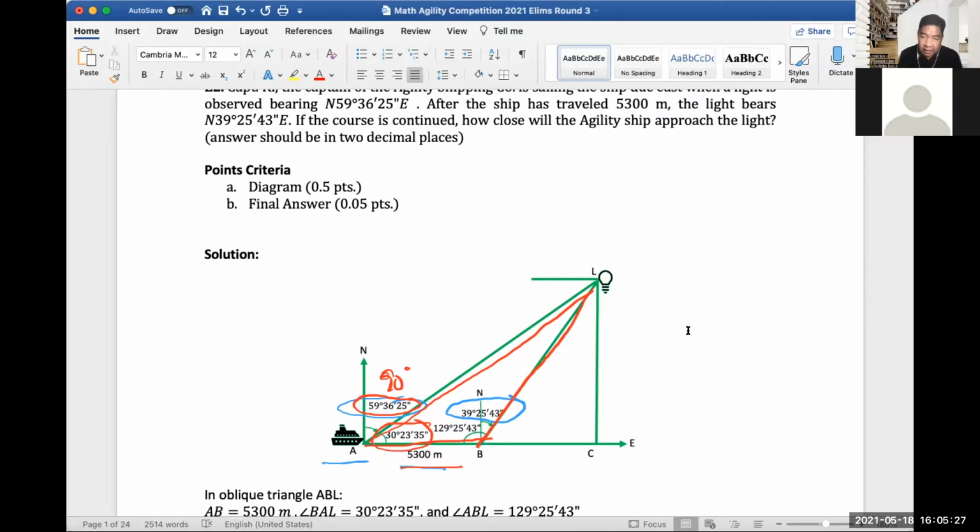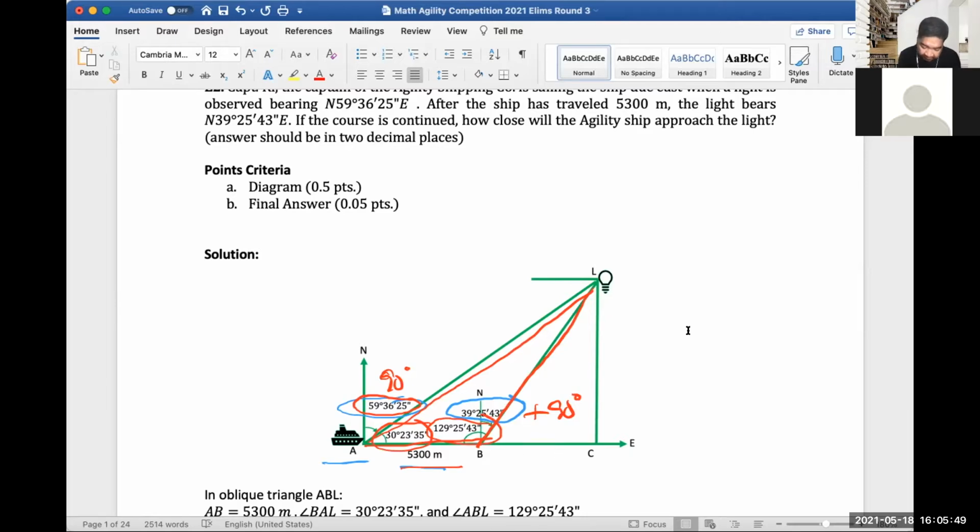And on the other hand, since we know that it's 39 degrees, which is the bearing from the north, we just need to add 90 degrees in this case, right? To be able to get the angle inside the triangle, which is 129 degrees, 25 minutes, 43 seconds.